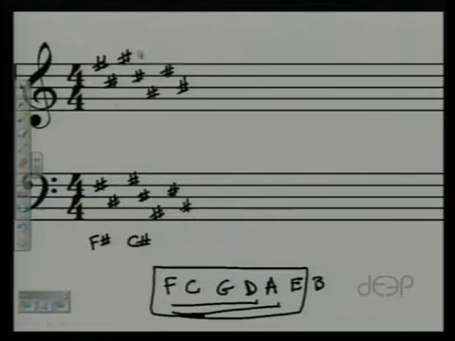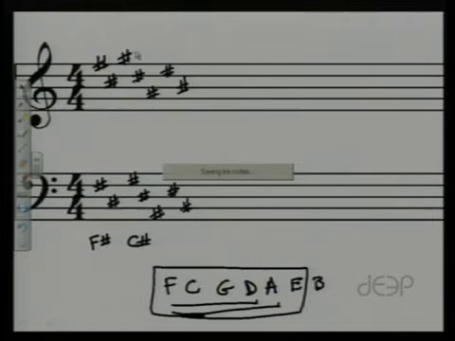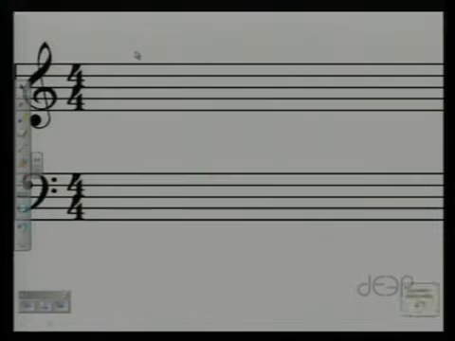Now, let me get rid of those sharps and let's go to flats. And I should say that a lot of students like to remember that order of sharps by using a mnemonic device. Let's just put a little reminder here. F, C, G, D, A, E, B is the order.